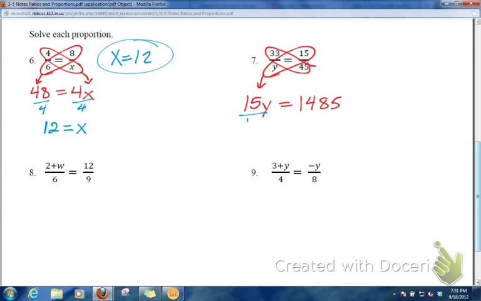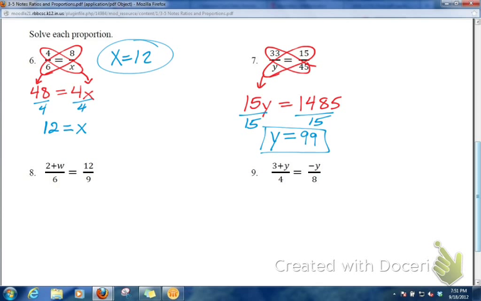Again, I'm going to solve by dividing both sides by 15, and I find out that y needs to be 99 to make these two equal fractions, or for these two ratios to form a proportion. 33 over 99 is equivalent to 15 over 45.